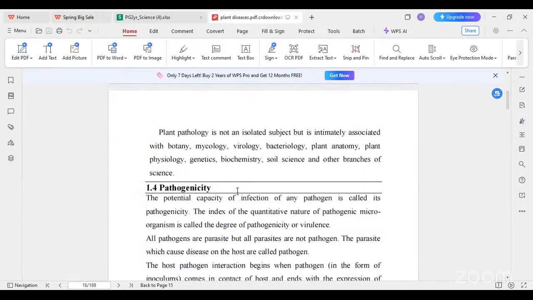Plant pathology is not an isolated subject, but is intimately associated with botany, mycology, virology, bacteriology, plant anatomy, plant physiology, plant genetics, biochemistry, soil science, and other branches of science.